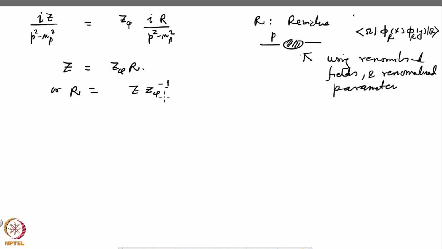Now let's see what happens to the S matrix element, given that we know how the residue changes when you do a renormalization. So we see that S matrix element, and this I am writing using the bare quantities.